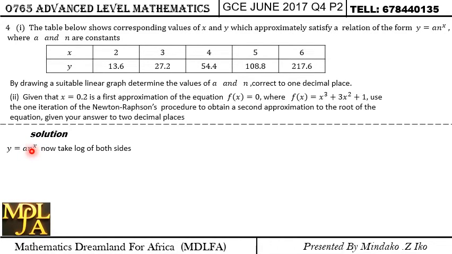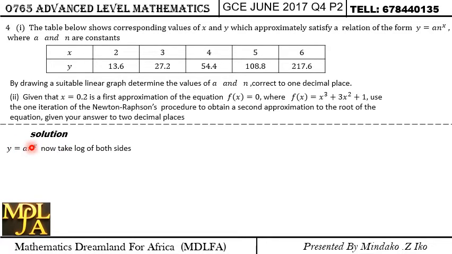Those of you doing physics under data analysis, in fact, equations of this form are very common under data analysis in A-level physics. So when you encounter an equation of this form, just take log on both sides of the equation.